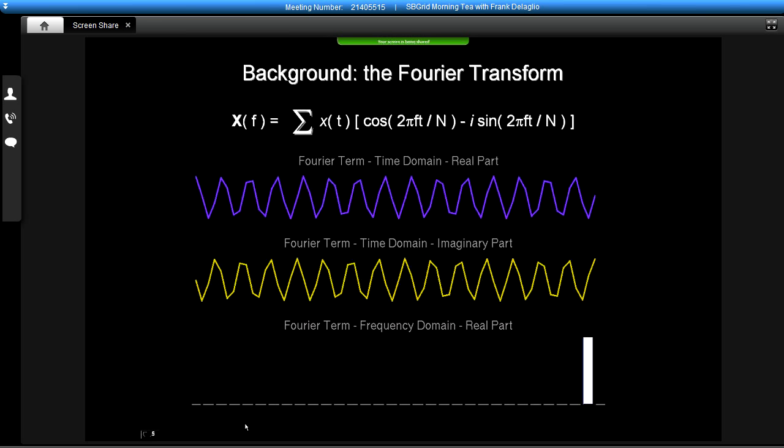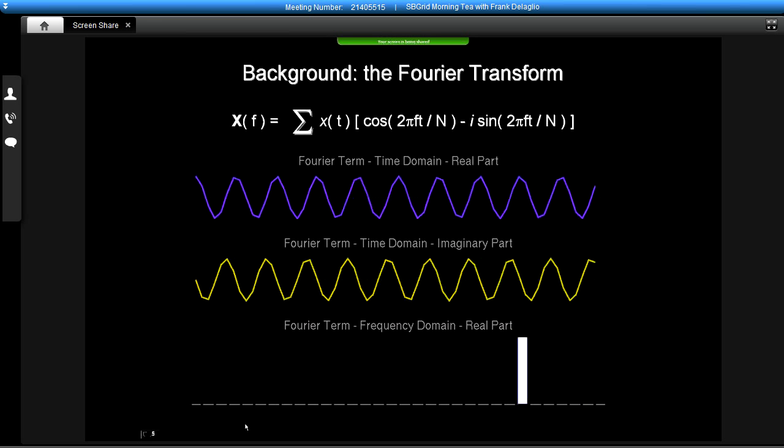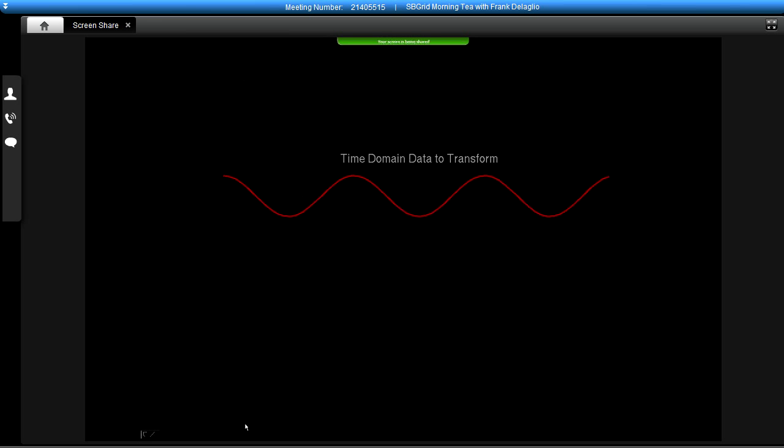How does the Fourier transform actually do its work? Well, let's start with this time domain data that we'd like to transform. In this particular example, I've chosen a time domain signal that has no decay and no noise. So if we'd like to transform this particular signal, how do we do it?